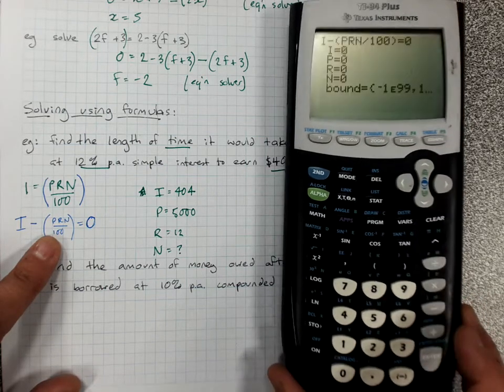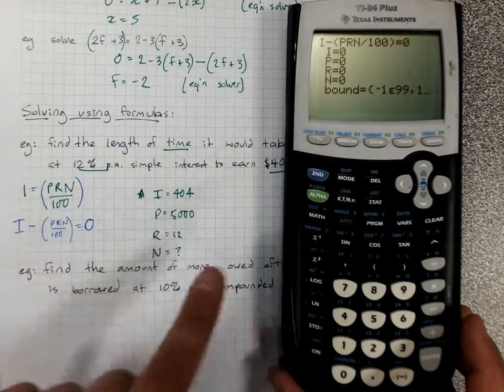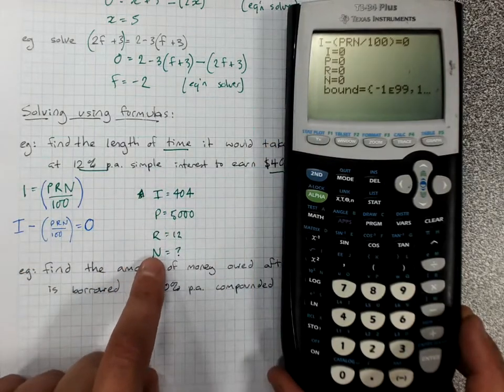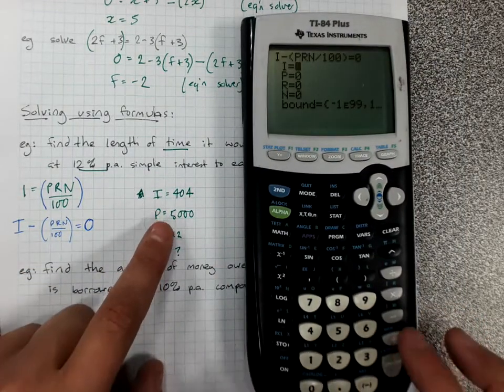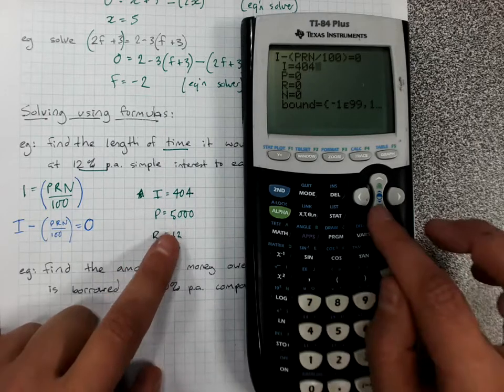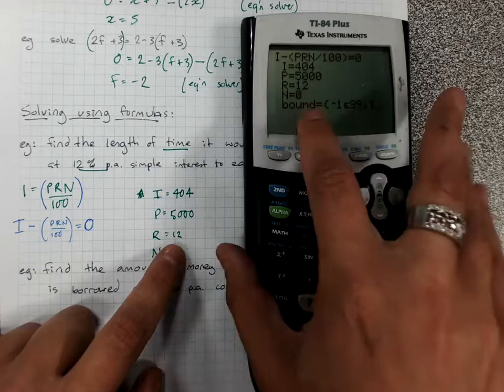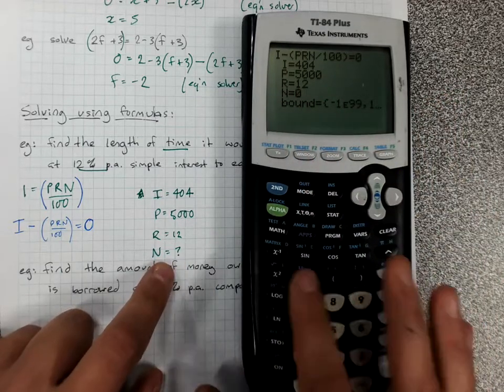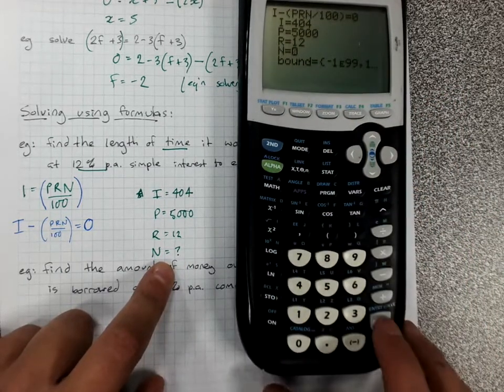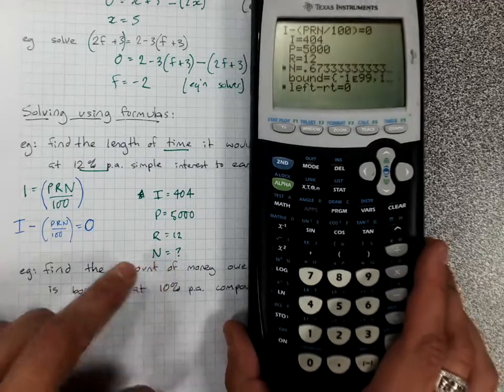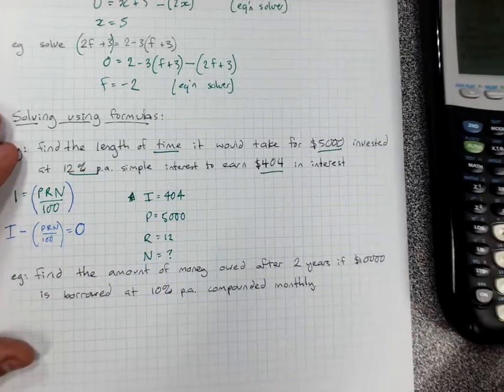Enter. And it presents you with exactly what we've got here. So we can enter the numbers that we know, move to the number we don't know, and alpha solve. 0.673 recurring.